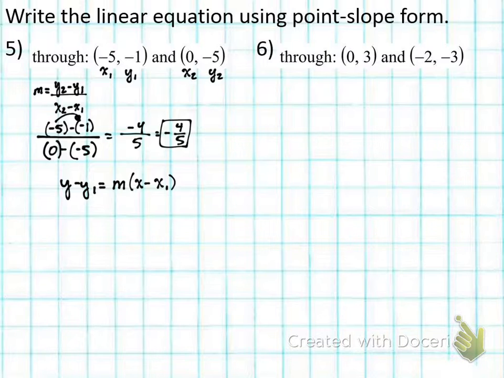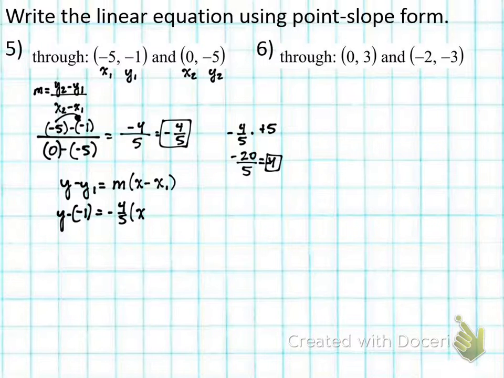What's y1 again? Okay, good. -1. I'm doing a little side problem here so we can see what's going on. So we got y minus a -1 is equal to -4/5 times x, and then x1 is -5.